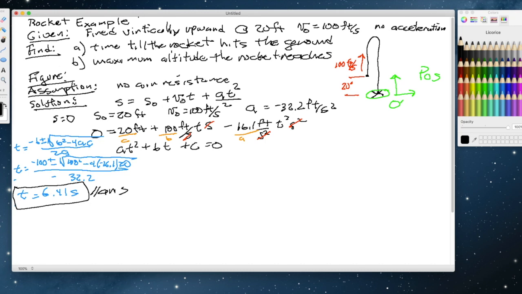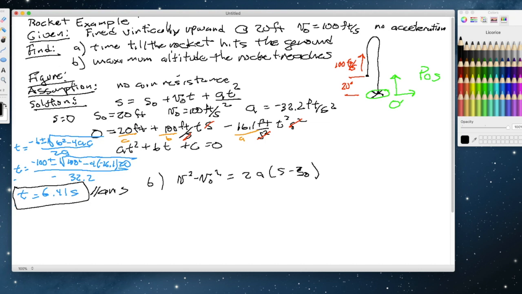Part B of this asked, what is the maximum altitude? In this case, we don't really need to do time. We could do it with time, but we can use the last formula that I derived, the third formula, which was V squared minus V sub 0 squared equals 2A times S minus S sub 0.